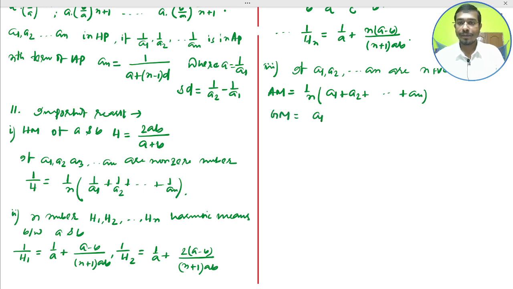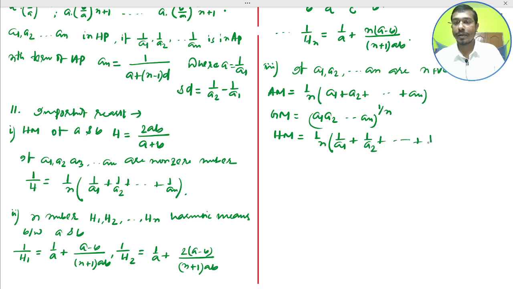Geometric mean would be (a1 a2 ... an) to the power 1/n. And the harmonic mean HM would be 1 by (1/n (1/a1 plus 1/a2 plus ... plus 1/an)). Therefore, AM greater than or equal to GM greater than or equal to HM. Very important result.